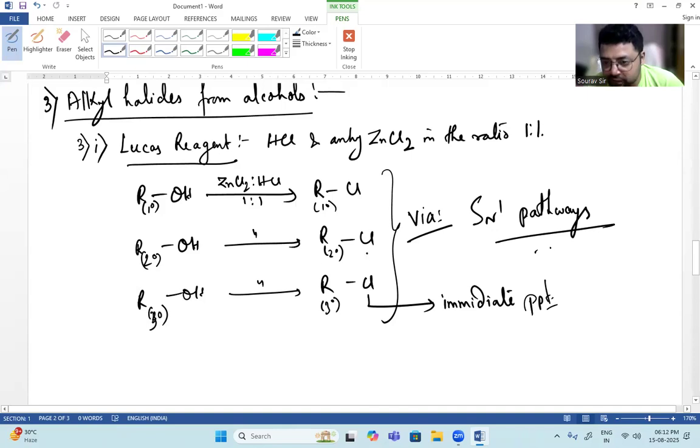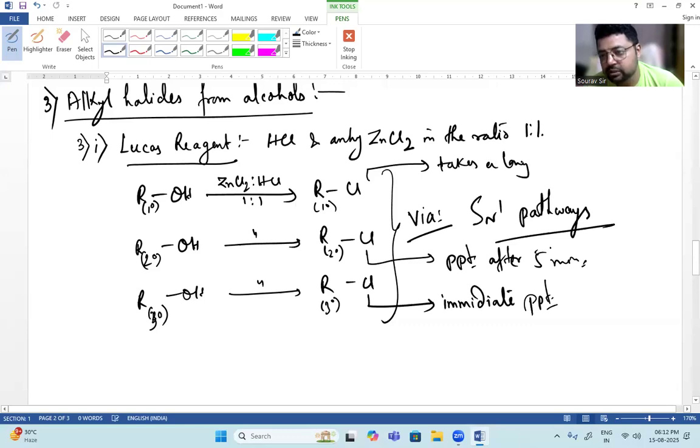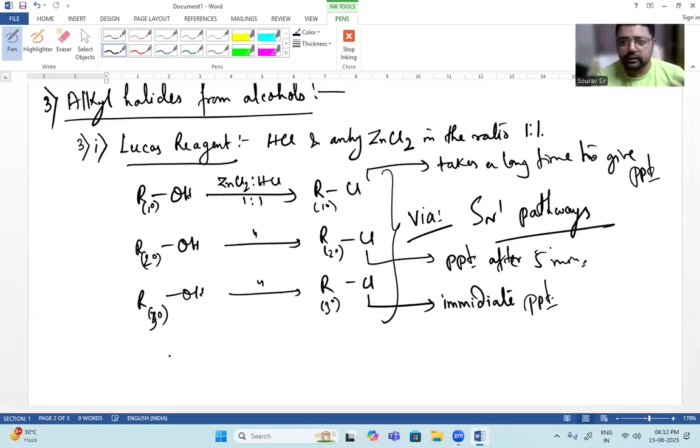The 2 degree will give precipitation after 5 minutes, and the 1 degree takes a long time to give precipitation. So this is how you can distinguish between the degrees of alcohols.